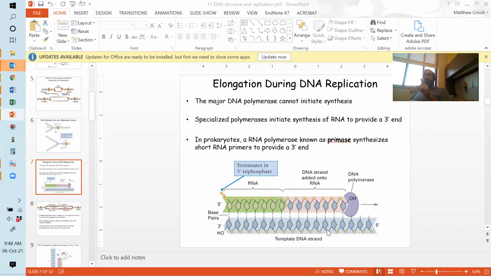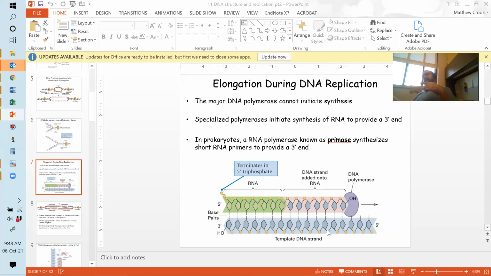So for the leading strand, one primer, synthesize the leading strand continually until you're done, or you can't do it anymore. Exactly, the lagging strand needs one primer for every Okazaki fragment, because it has to restart DNA replication over and over and over again.